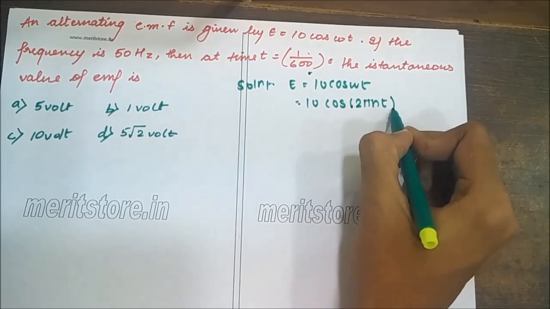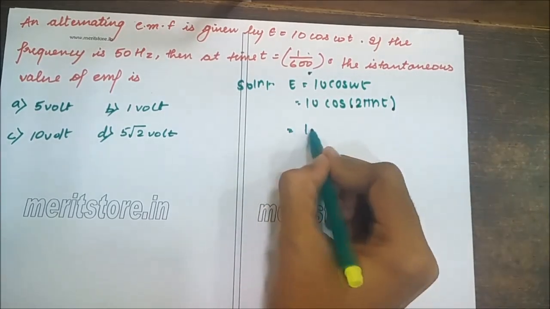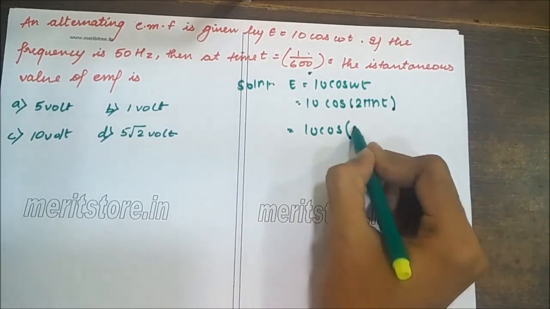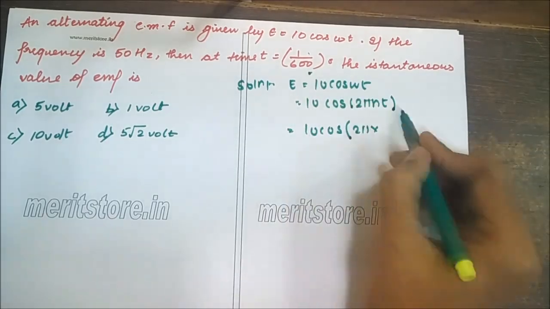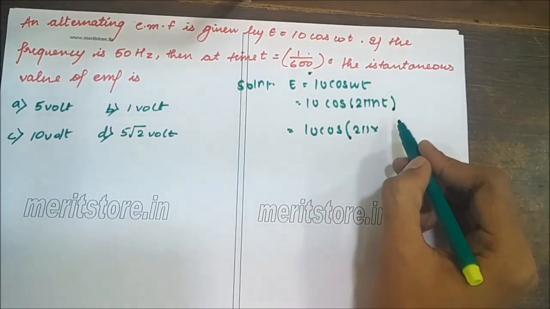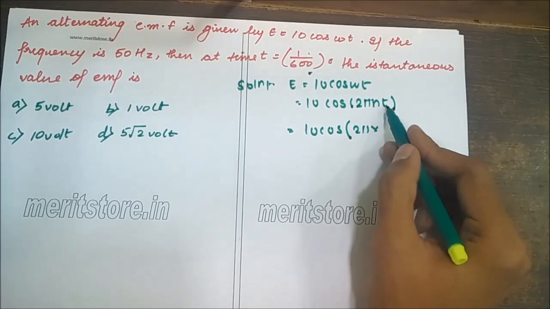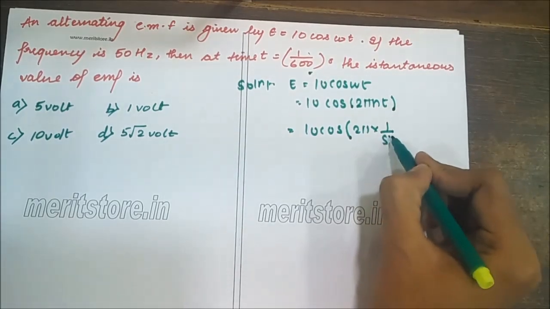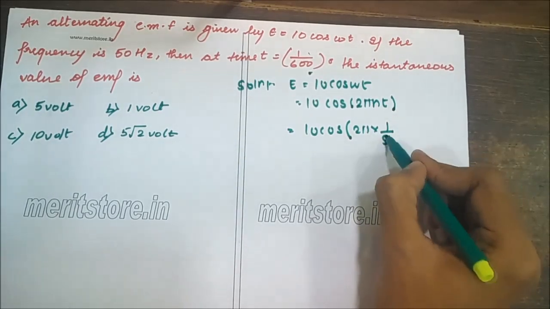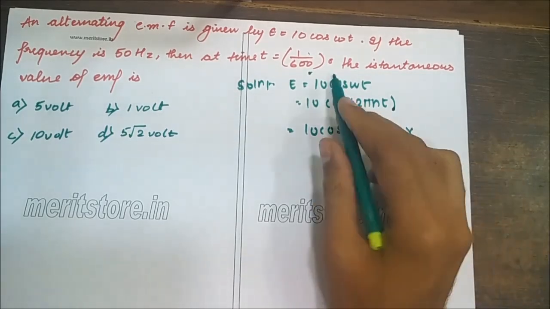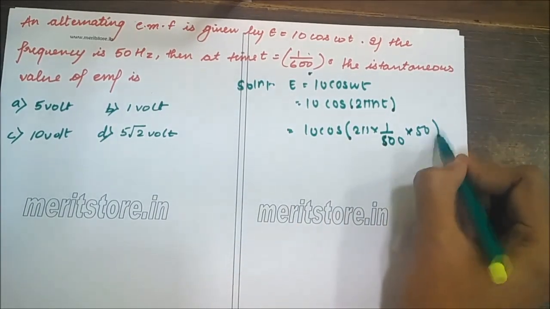So E is 10 cos 2 pi multiplied by n, the frequency, multiplied by the time, 1 upon 600, with the frequency given as 50 hertz.